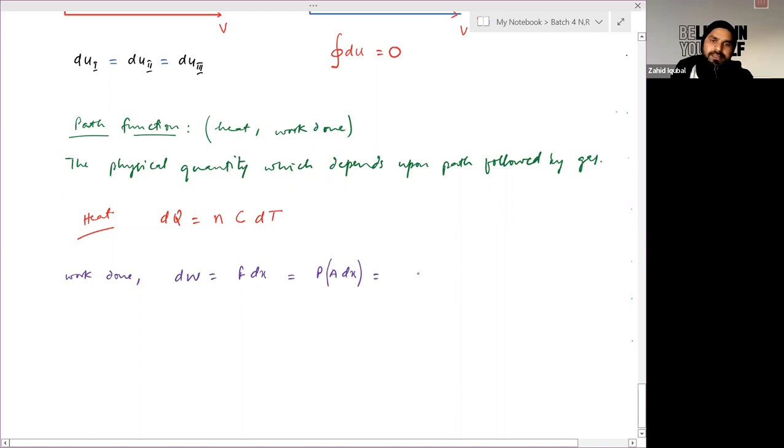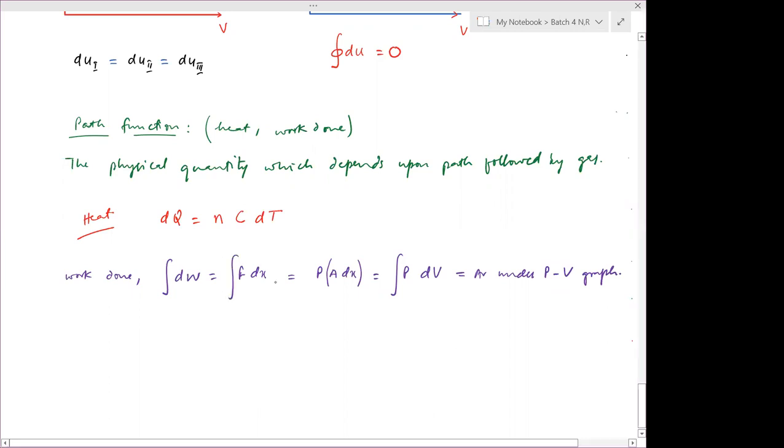So you may write P dV integration to get the total amount of work done. This is nothing but the product of these two quantities. So in terms of a graph, it will be defined by area. So we can say the area under the pressure volume graph will define the work done related to that process. Is it clear?